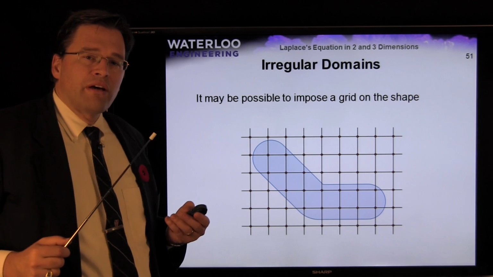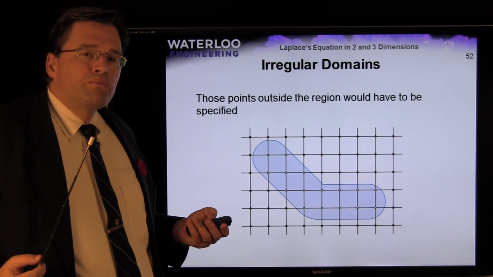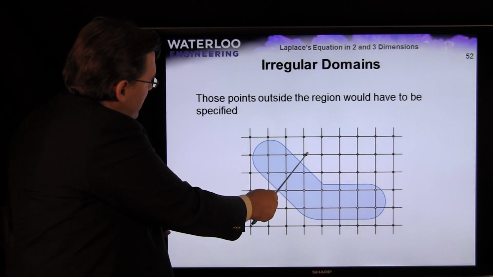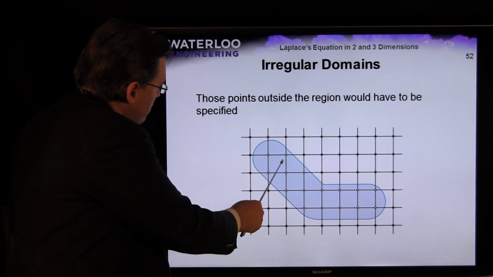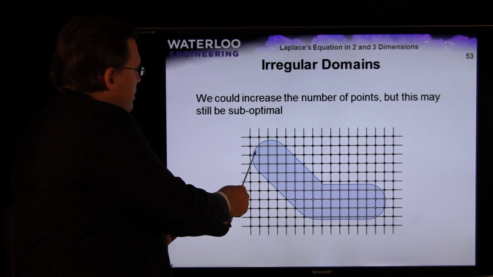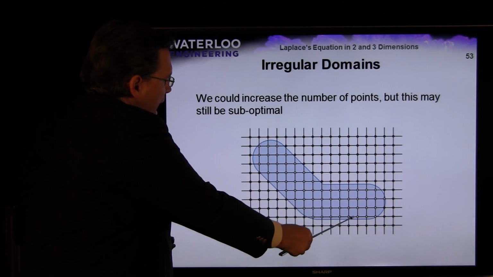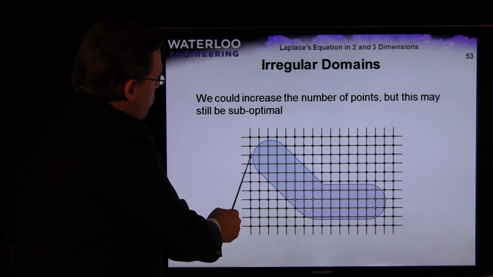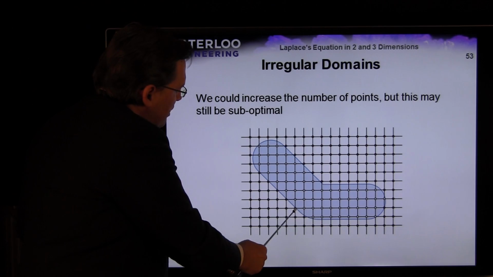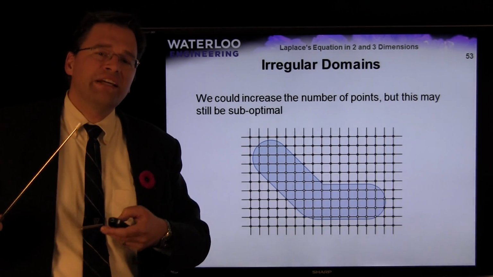If our grid is not good enough, we could refine it, but in this case, here we have points that are exterior and points that are interior. If we made the grid twice as fine, so halve the value of h, there are now more points, and notice that the boundary does slightly more closely match the boundary of the irregular shape.